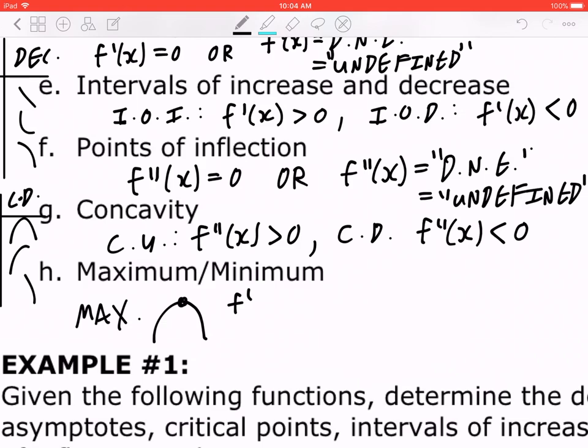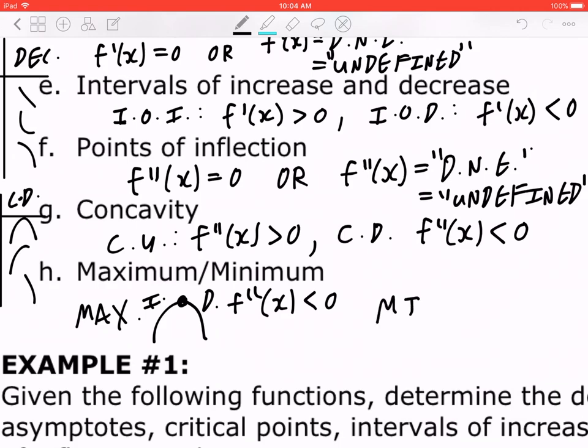Because I'm drawing concave down only because I'm telling you that f double prime of c, where c is the critical value, must be negative. So if you plug in x, where x is the critical point, or you can say c for critical point, into the second derivative and it's negative, that means it's concave down, which means it must be a maximum, right? And the first derivative test is when you look at increase and decrease, and that point must be a maximum.